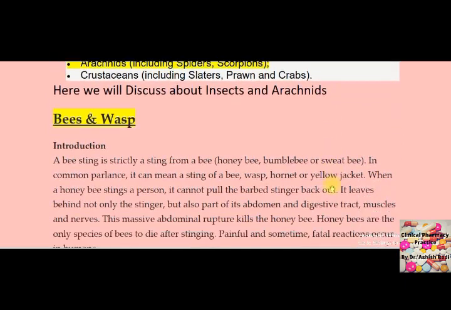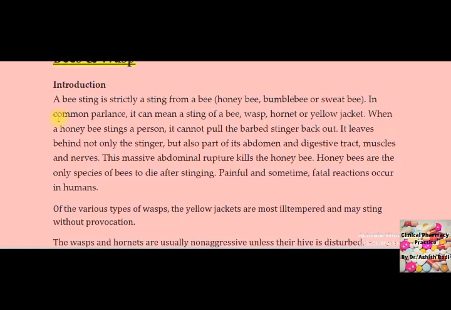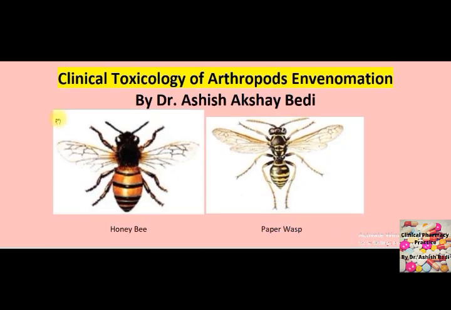Now, first is bees and wasps. You must know about bees and wasps, so here's the introduction. A bee sting is strictly a sting from a bee, that is a honeybee, bumblebee, or sweet bee. In common parlance, it can mean a sting of a bee, wasp, hornet, or yellow jacket. You may be confused about how to differentiate between a bee, wasp, hornet, or yellow jacket. So I have a picture from which you can understand which one is the bee and which one is the wasp.